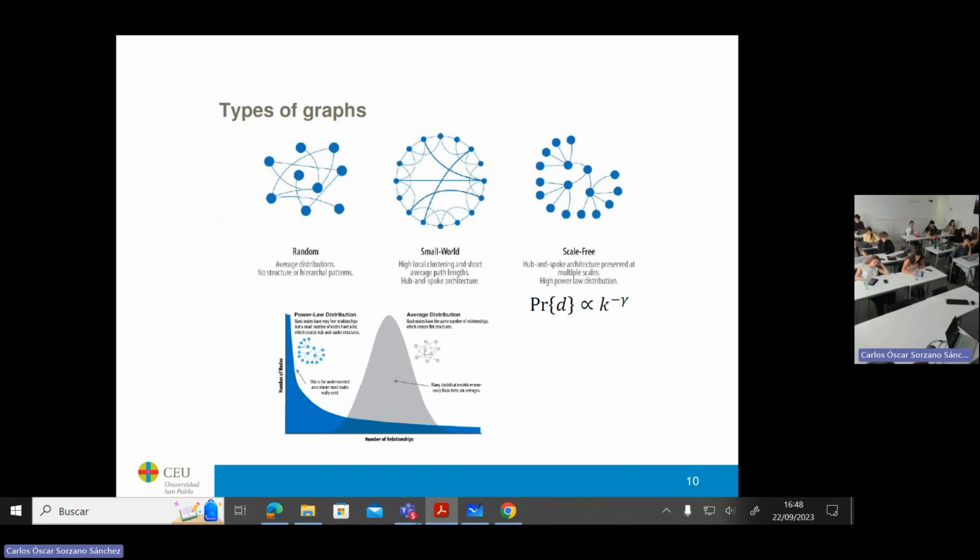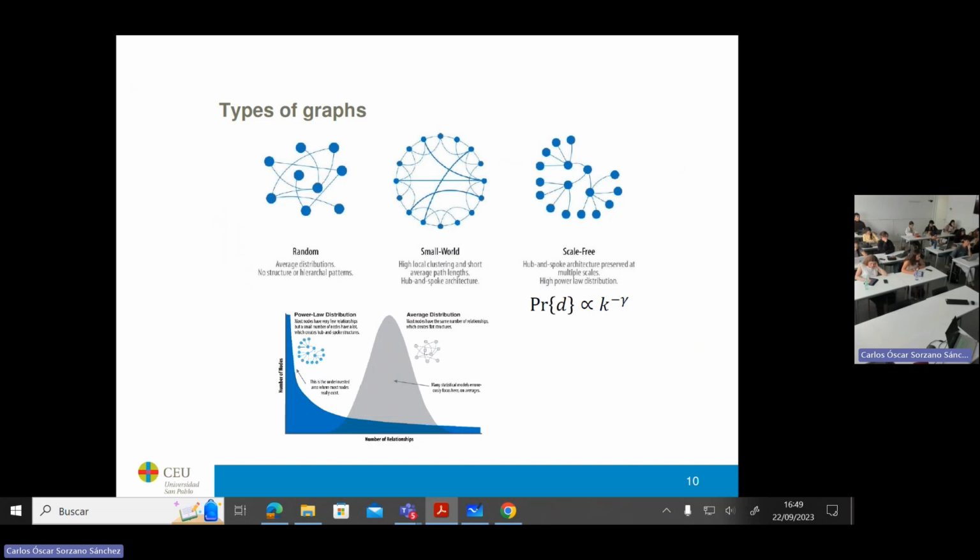Scale-free is the idea that locally there are clusters, and the clusters are the ones that can make long jumps.